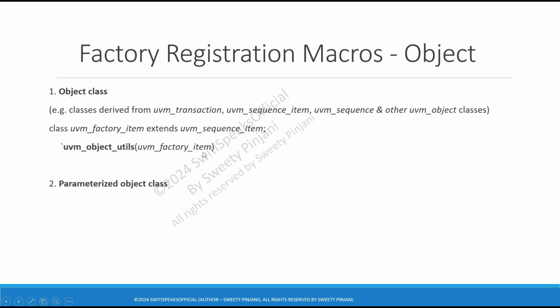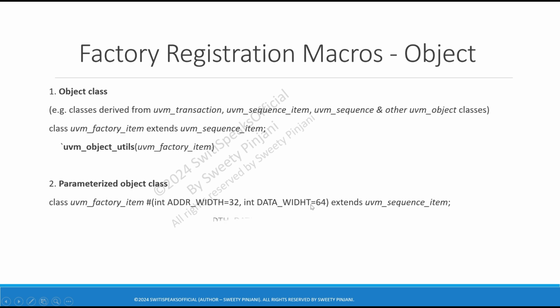And if you have a parameterized object, this is your UVM factory item, but this time it is parameterized. Again, address width and data width I am taking as parameters. In this case, again, I'll create a type def. I'll name it UVM factory item. I'll pass the parameters. I'll give it a name, this param com.